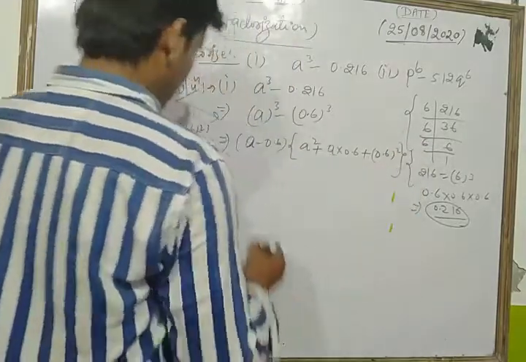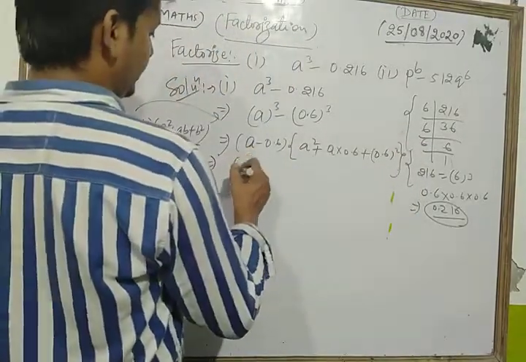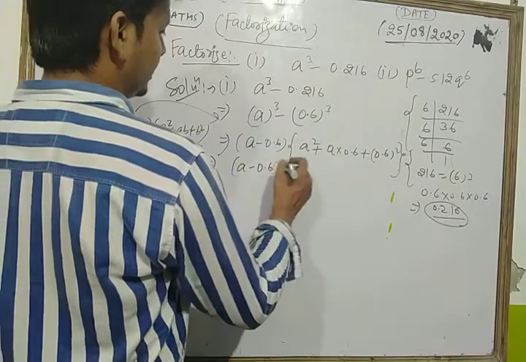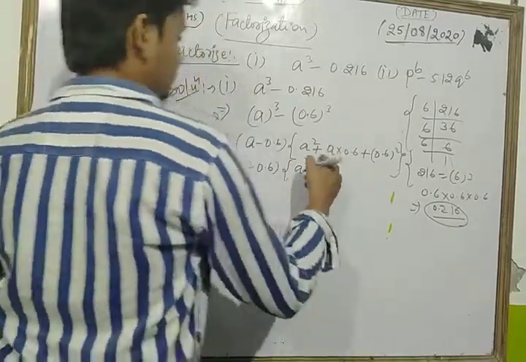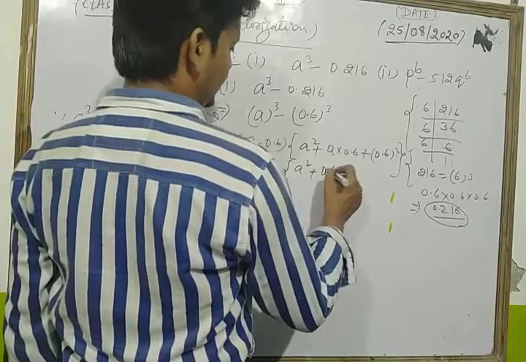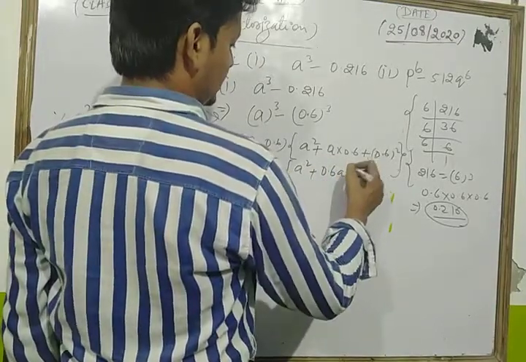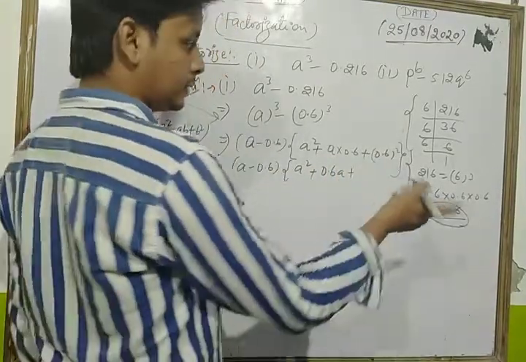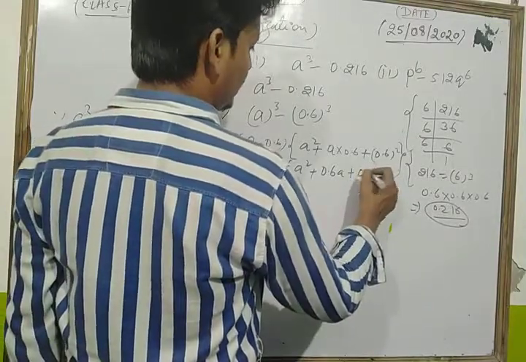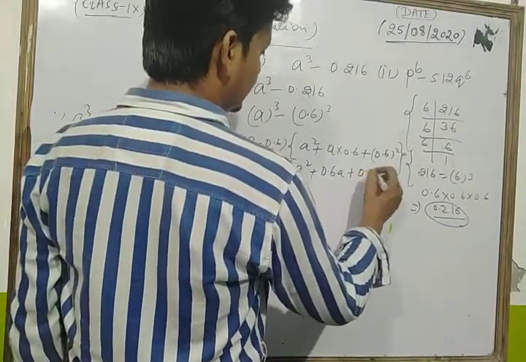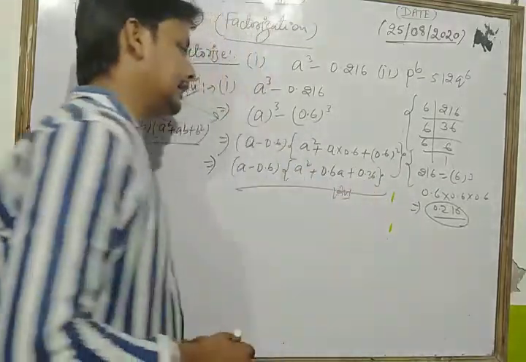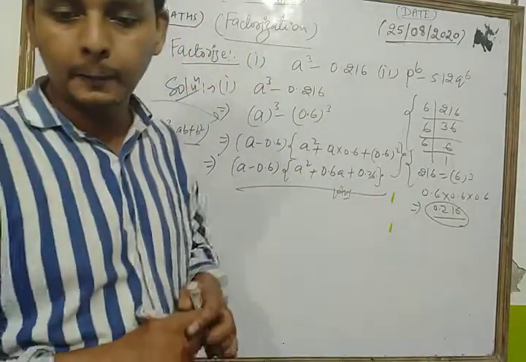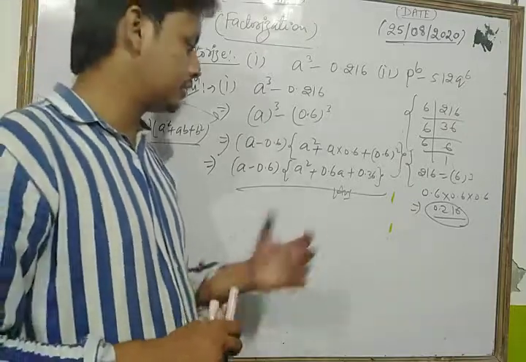Now we have a minus 0.6 and in another bracket a square plus 0.6a plus 6 times 6 is 36, so decimal takes 2 places, 0.36. This is our final answer.